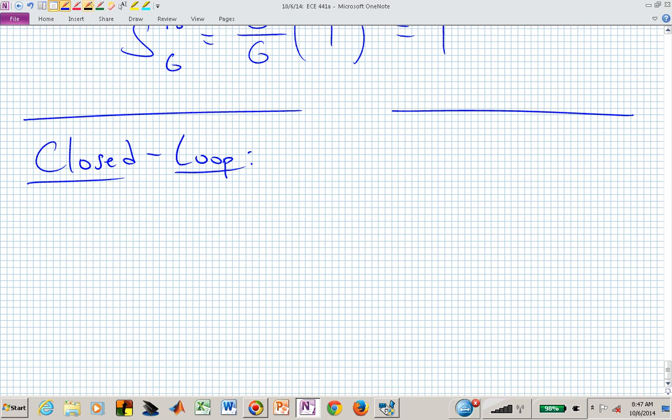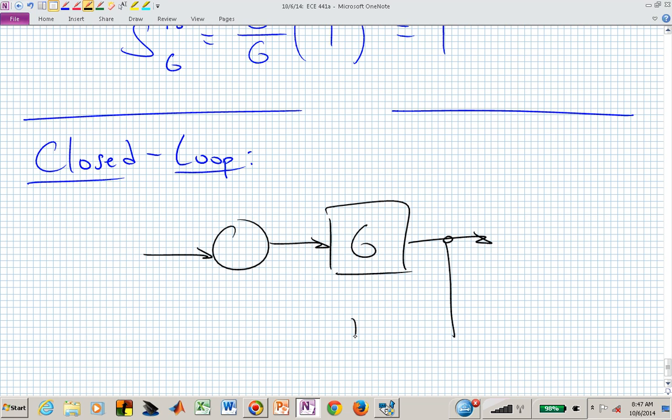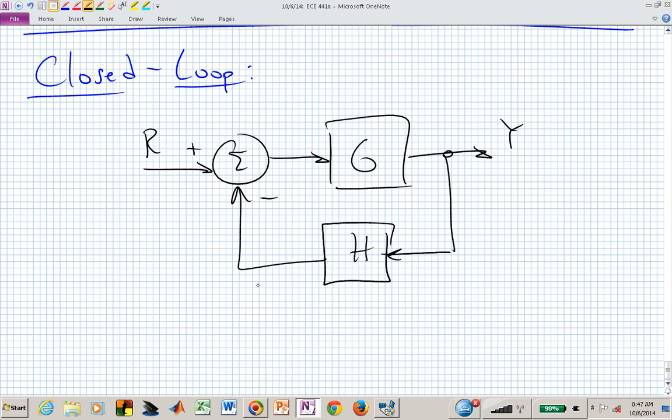Our closed loop is this system that we've been playing with. Let's say it's G in the forward path and H in the feedback path. The transfer function for the closed loop system, T sub C of S, is G over 1 plus GH.